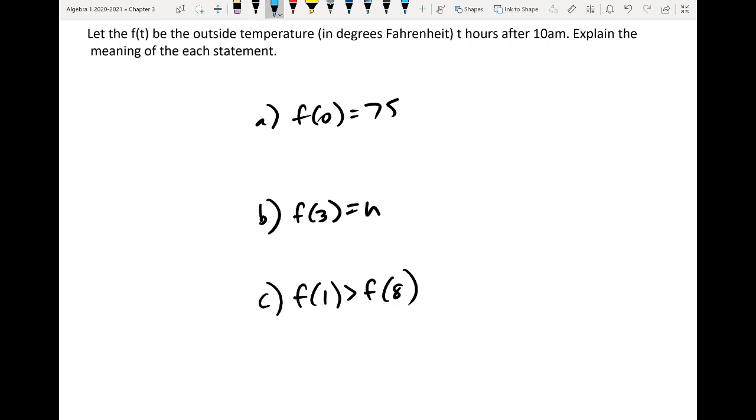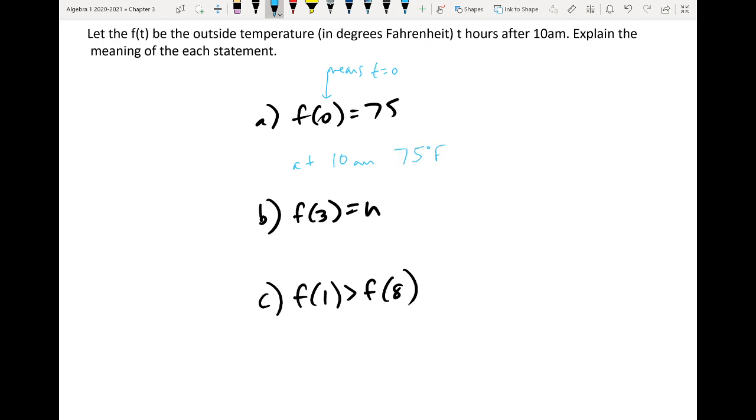Well, if t is time after 10 a.m., and in this case, right here, t is 0. This means t equals 0. Well, 0 hours after 10 a.m. is 10 a.m. So at 10 a.m., the temperature is 75 degrees Fahrenheit.